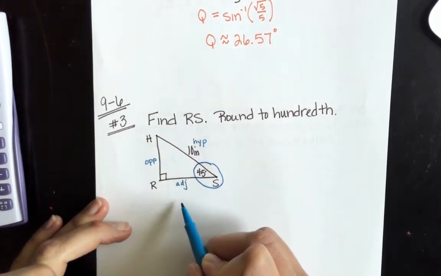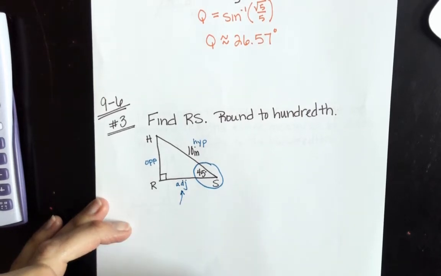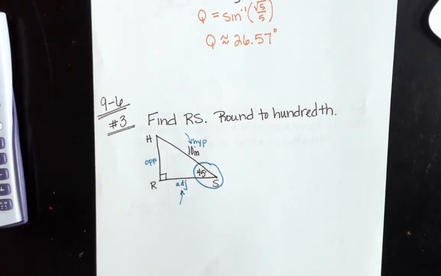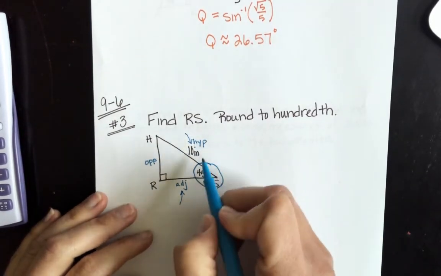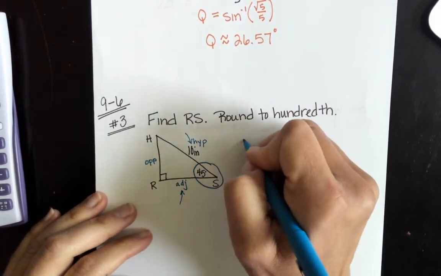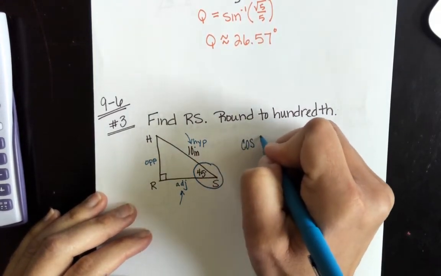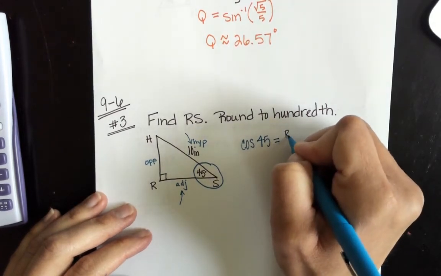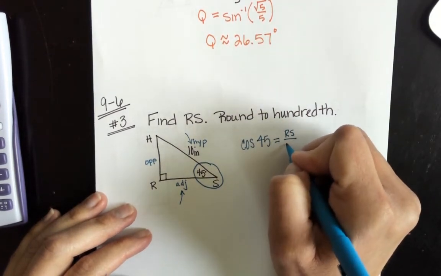And we want RS. We want to use 10 because that's the only other value they gave us. So adjacent and hypotenuse are cosine. So we write cosine 45 equals adjacent over hypotenuse.